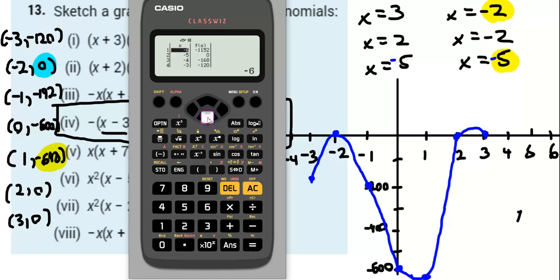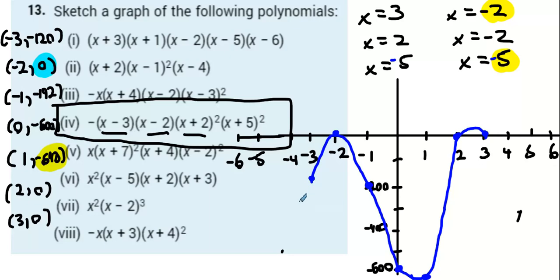All right, let's keep going. Minus 4, minus 168. It's around here. Minus 5, 0 touches it and then comes back down again. That's it there.